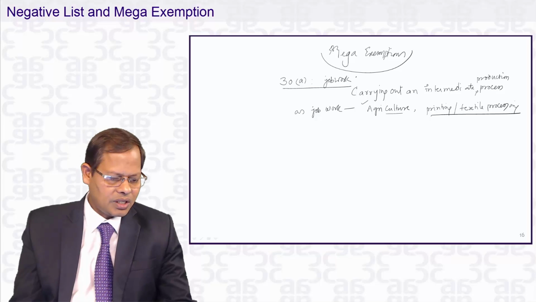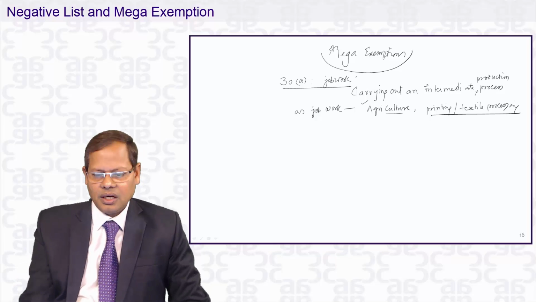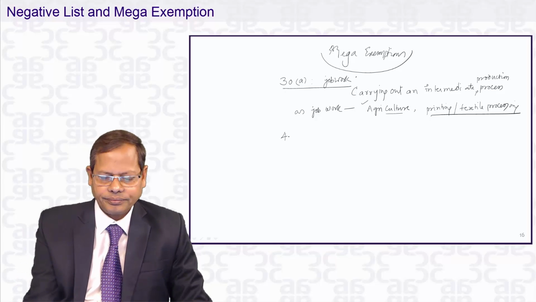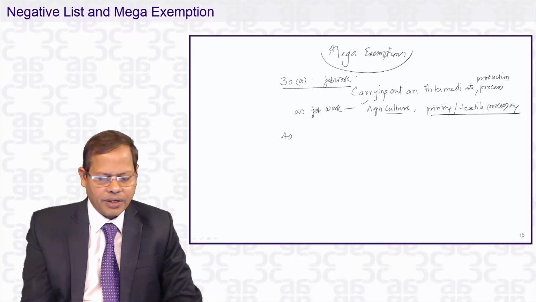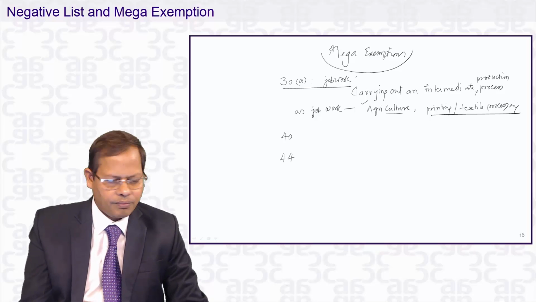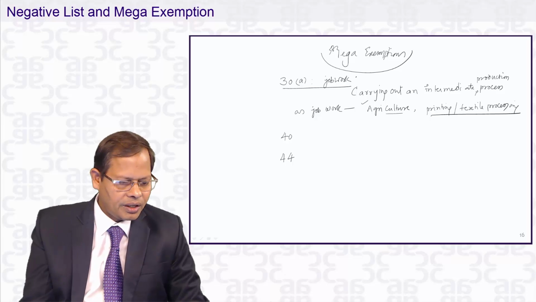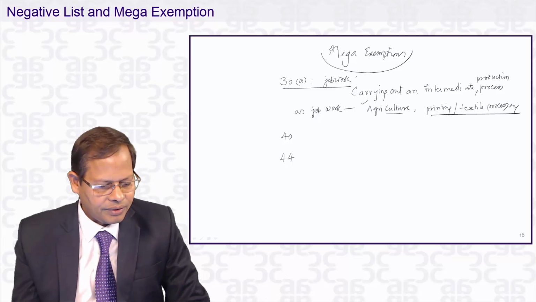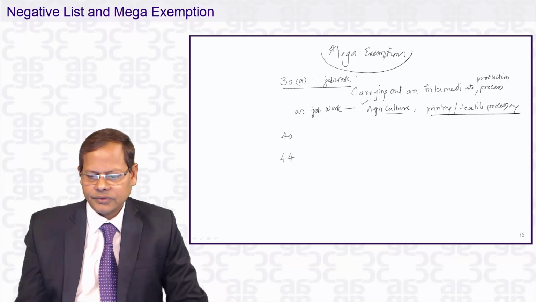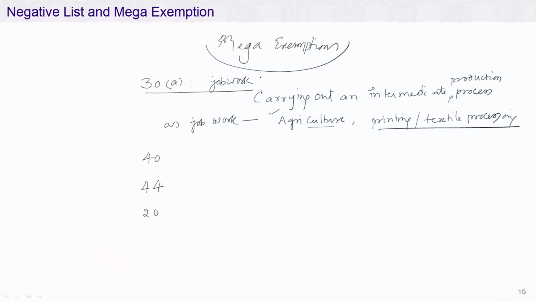And what about others? Say, look at entry number 40, 44, and entry number 20 and 21. These are relating to transport.